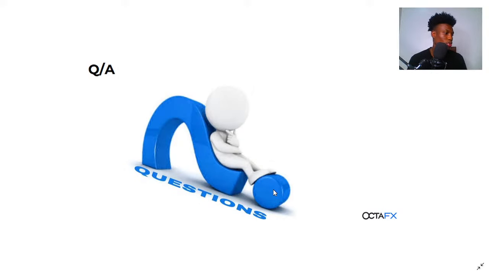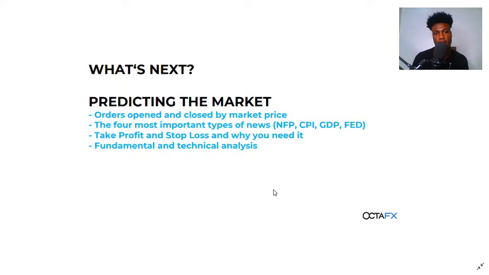Let's look at what we have in the next webinar. We're going to be talking about predicting the market, another amazing topic in the online workshop for complete beginners series.